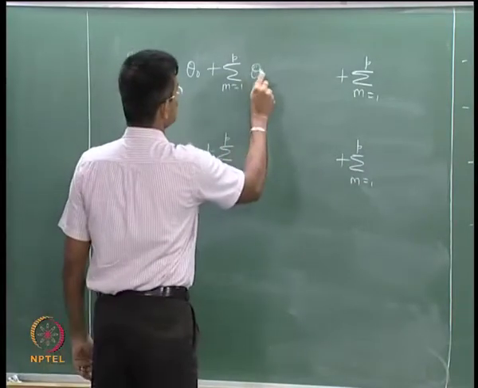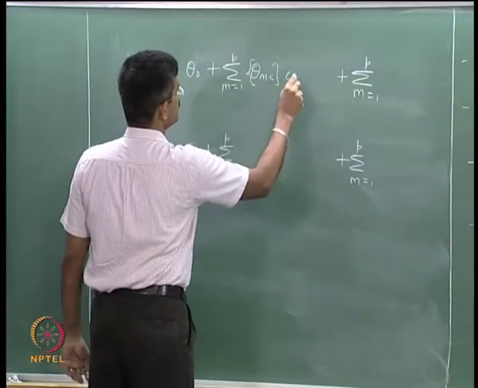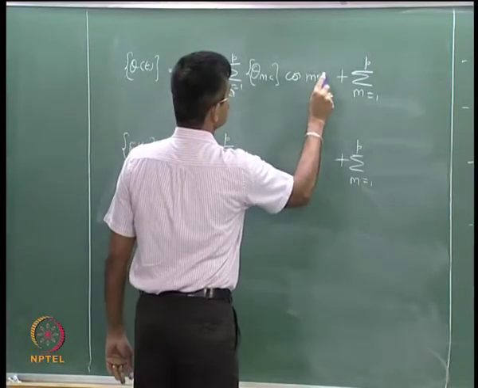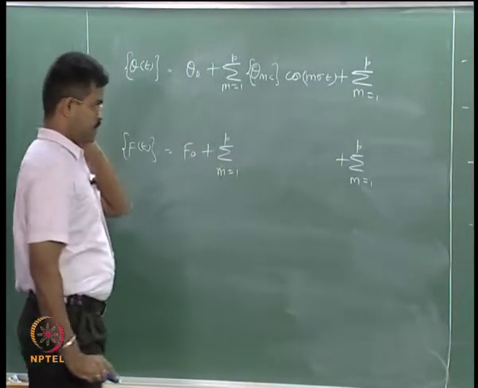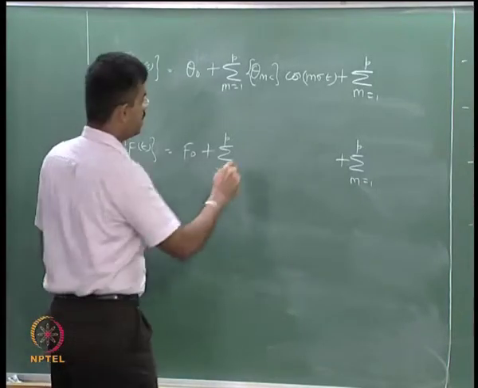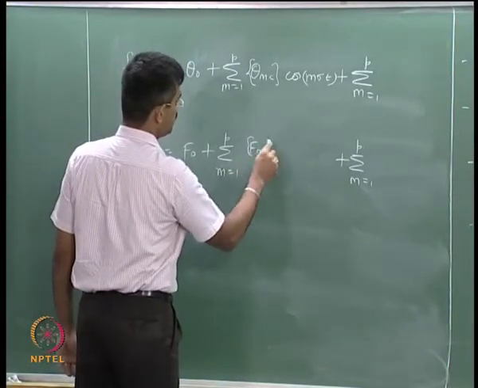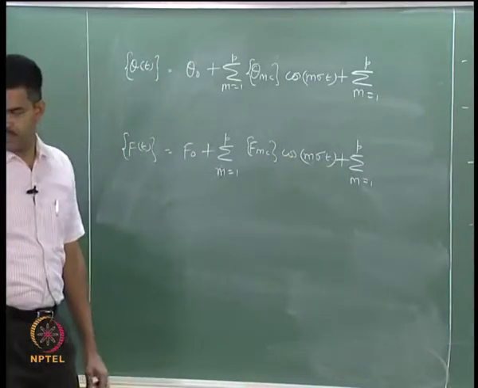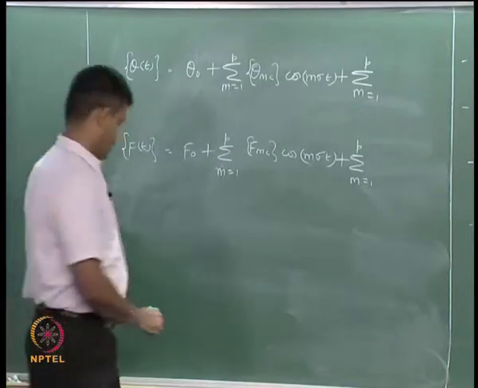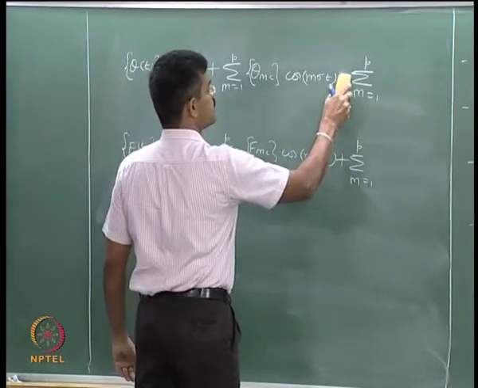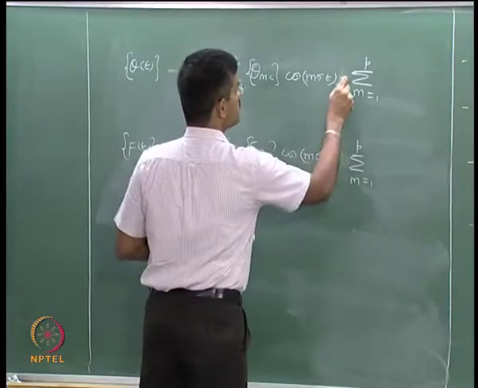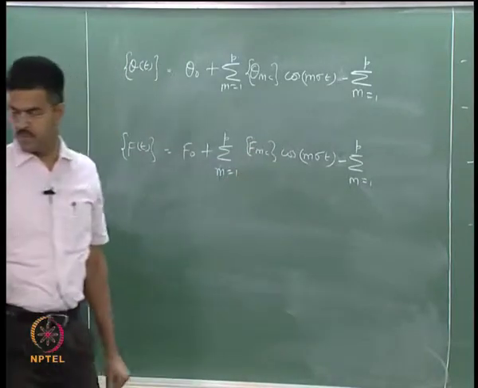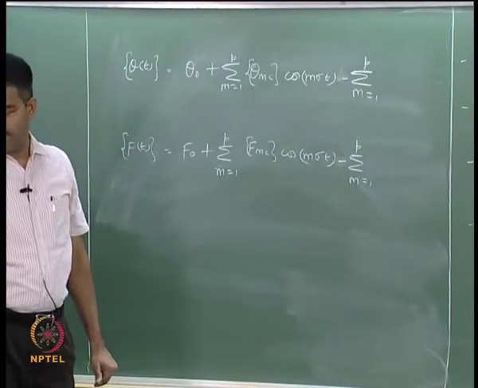So, I say theta mc cos m sigma t. So, here I write fmc cos m sigma t. This is a negative component actually. In Fourier component you will see this is going to be negative, because the coefficient will become negative.